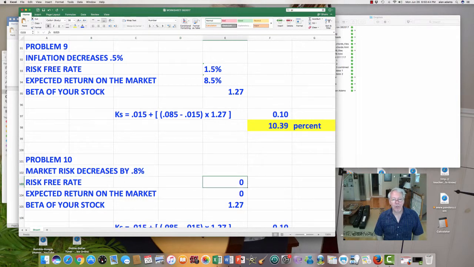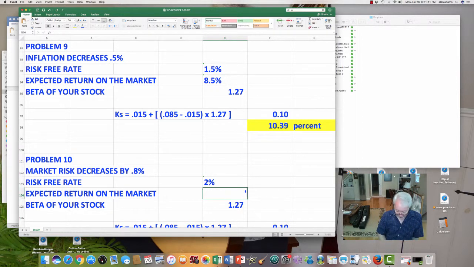The risk-free rate is now reset to 2%. The expected return on the market, let's hold off on that one. My beta is going to stay at 1.27. The only factor that's going to change this time around is the expected return on the market. Instead of 9%, market risk, not inflation now, but market risk only, is going to decrease by 0.8%.